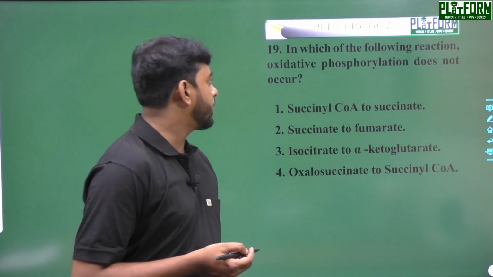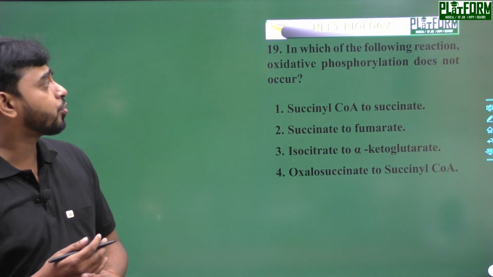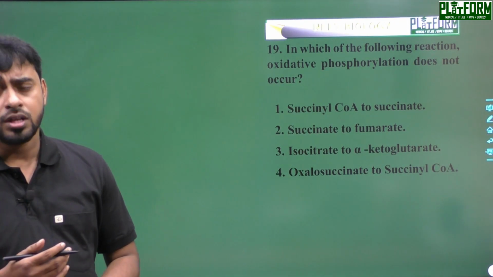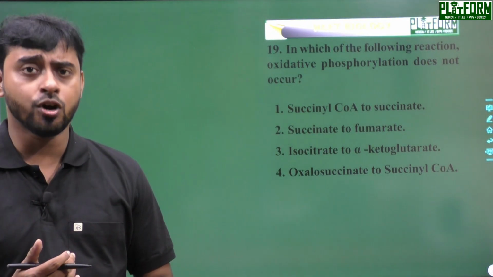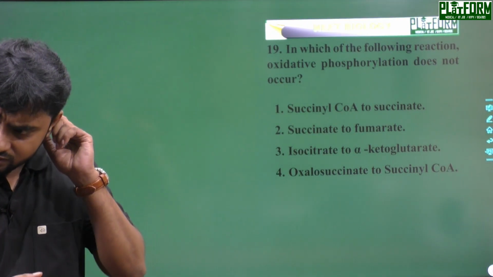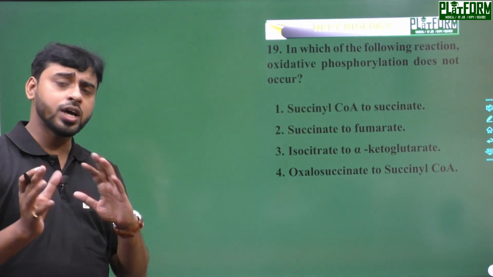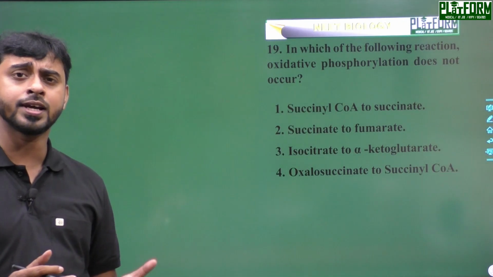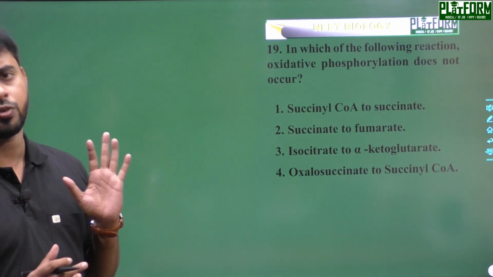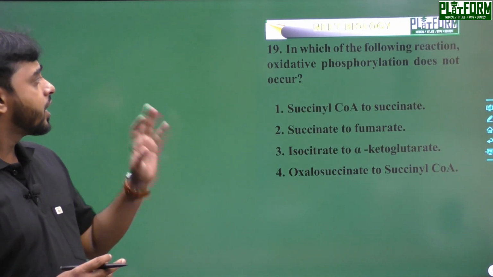In which of the following reactions does oxidative phosphorylation not occur? Phosphorylation means the production of energy in the form of ATP. Inside the cell, two types of phosphorylation are observed. One is oxidative phosphorylation, another one is photophosphorylation. Okay.